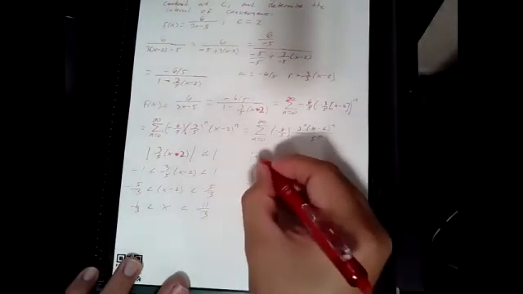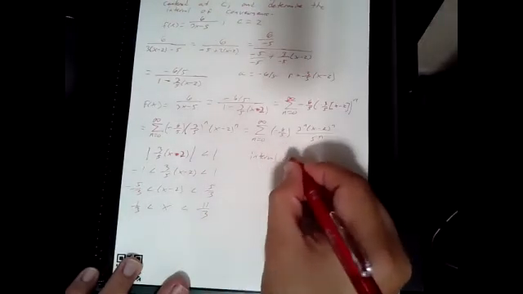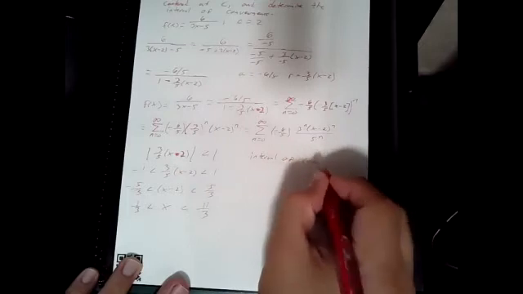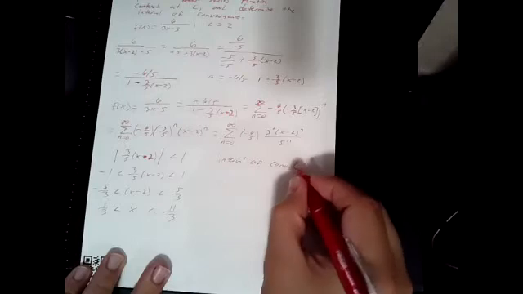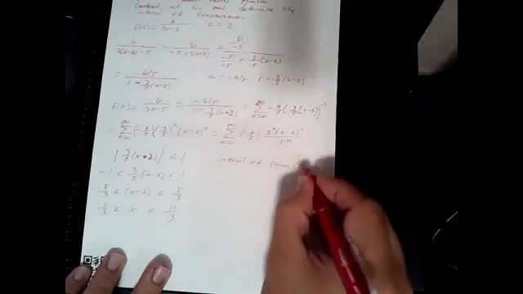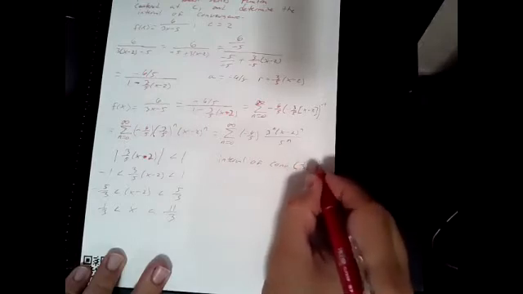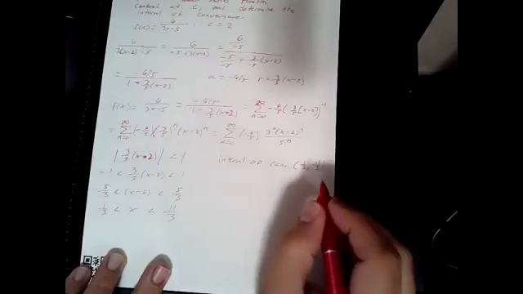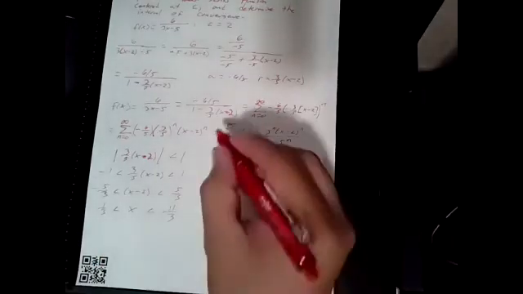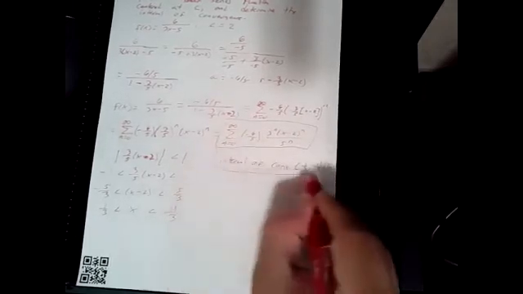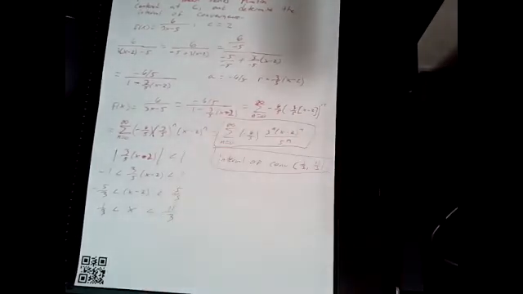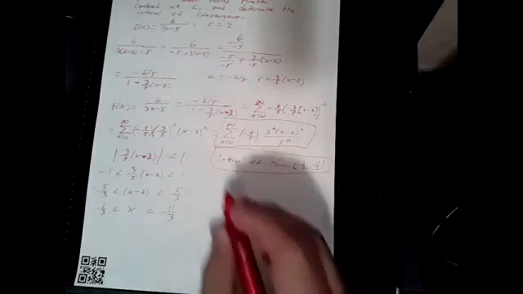The interval of convergence is going to be 1/3 to 11/3. And then we have our series representation, and we have our interval. And the radius would be what? 5/3, yeah.